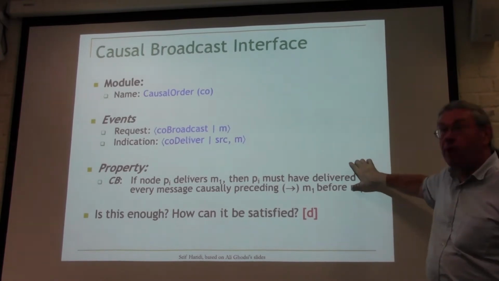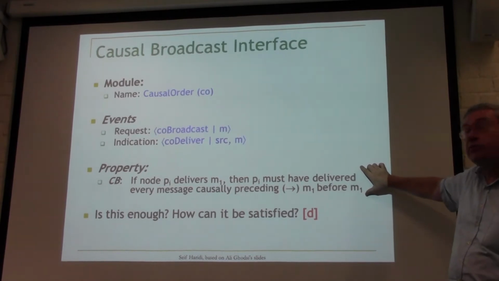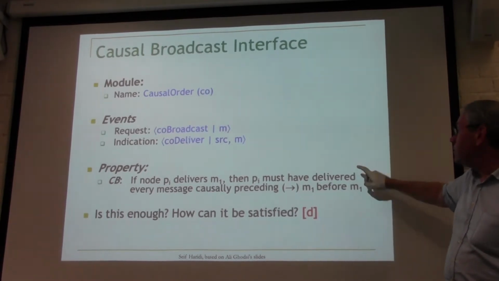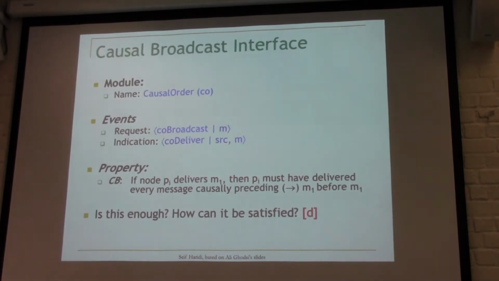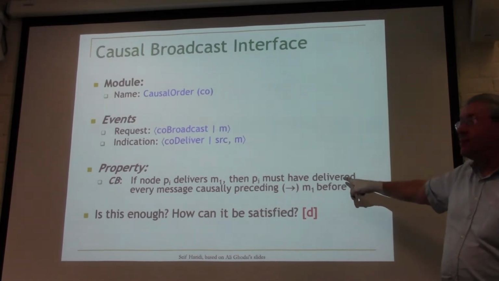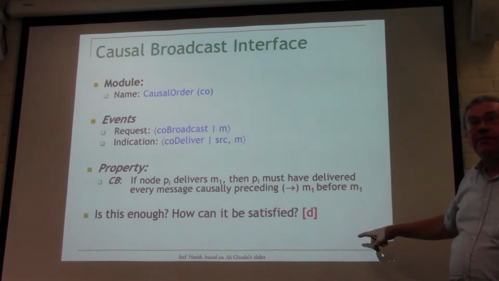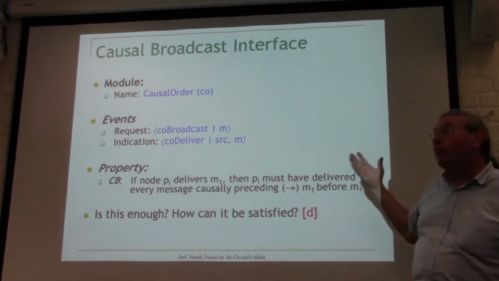Do we need more properties than this? Or not? What do you think? What's the easiest way for satisfying this one? This is not a hard question, no? What's the easiest way for satisfying CB? Not sending messages. Exactly. Basically, not delivering anything.